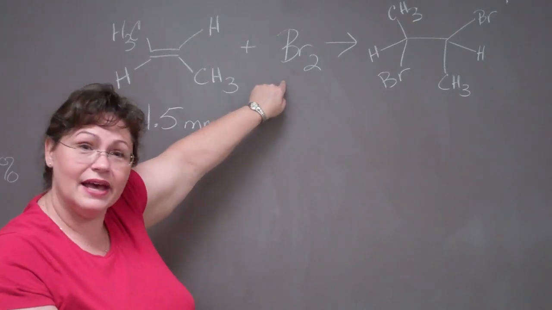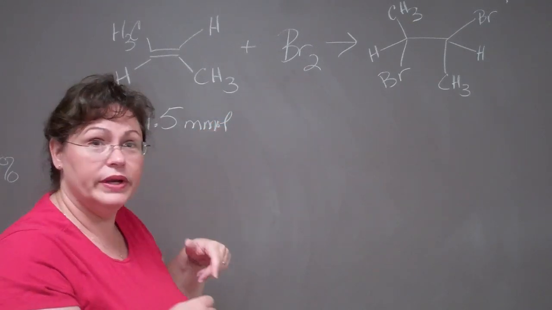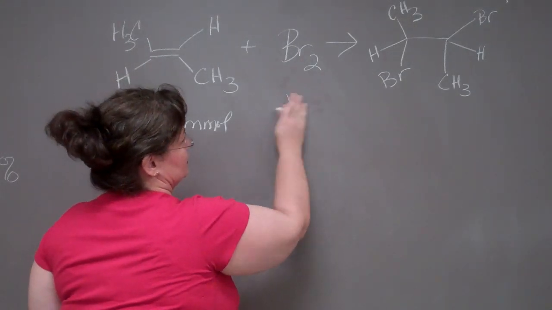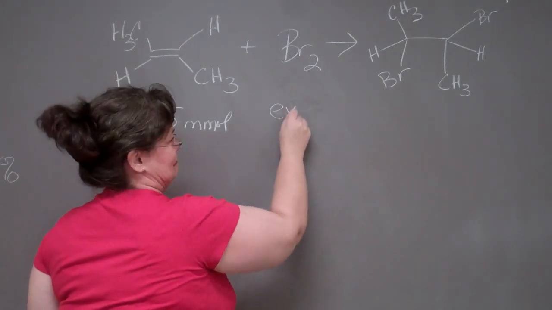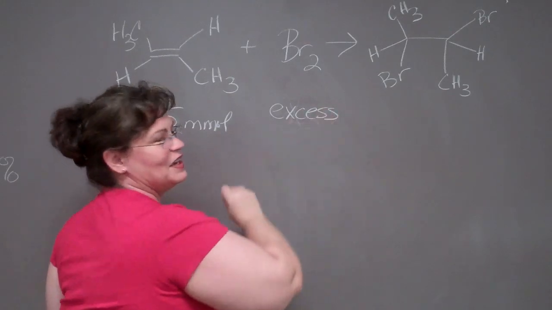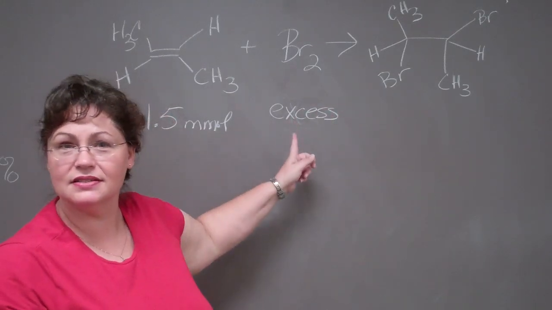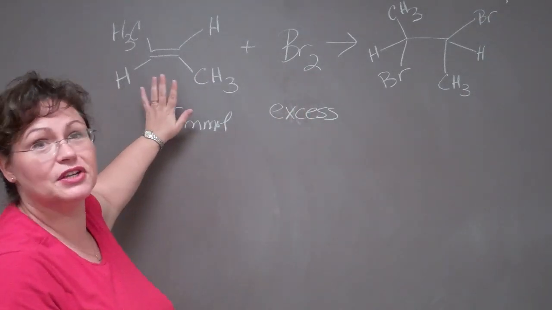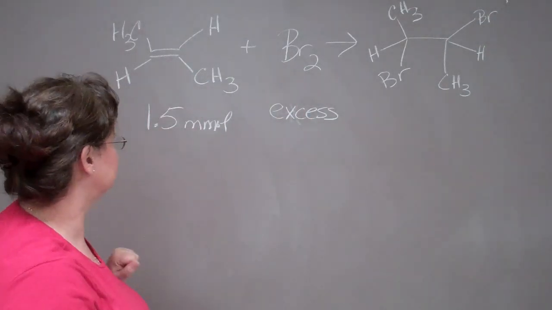That means this has to be excess. We don't really know what it is. We're adding it dropwise. But it's in excess. That tells us automatically this is our limiting reagent. Okay.